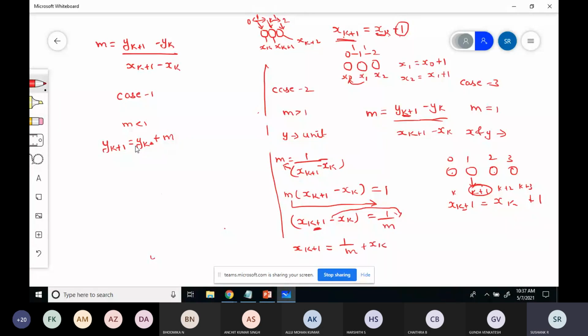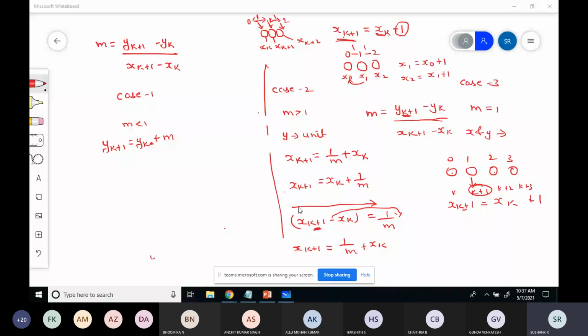So this is maths, that's all. There is nothing in that. If you know 12th maths, you can easily solve. So now if y is moving along the x direction, what is the k value? X of k plus 1 is equal to 1 by m plus xk. Is this point clear? So if I rearrange the term, it will be x of k plus 1 is equal to xk plus 1 over m.